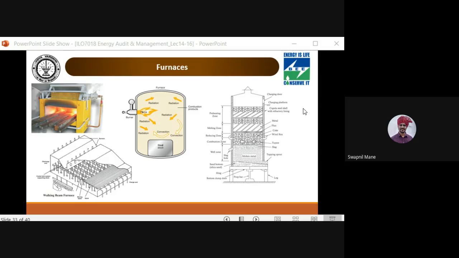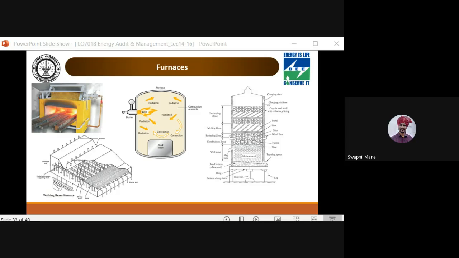Usually, alternate layers of coke and metal are placed on top of each other, along with a flux. Flux may be limestone, fluorspar, sodium carbonate or calcium carbonate. Limestone is the major part of the flux, approximately one fifth of the weight of the coke charge.